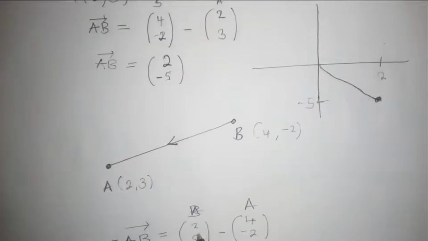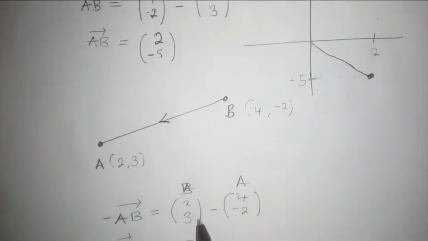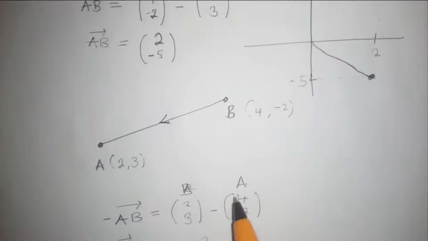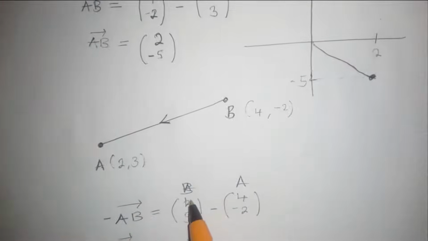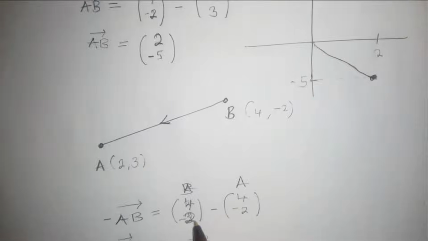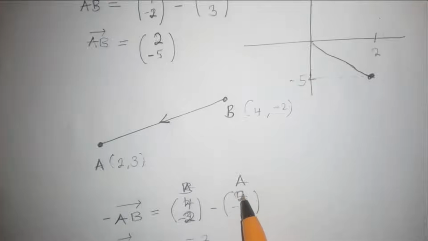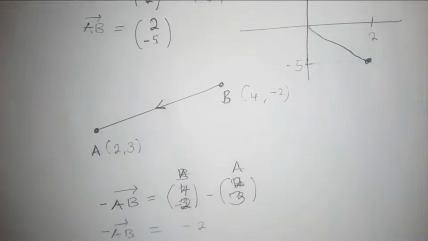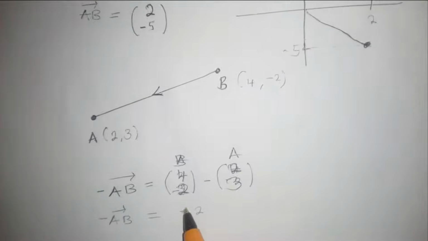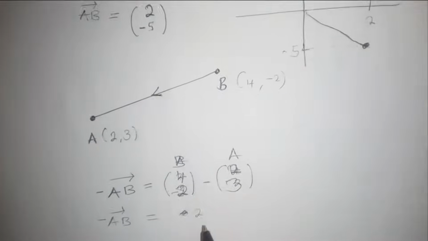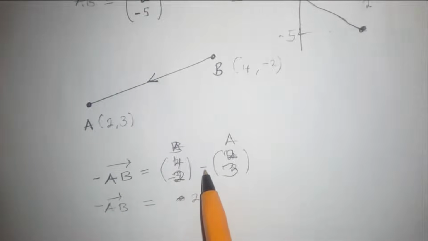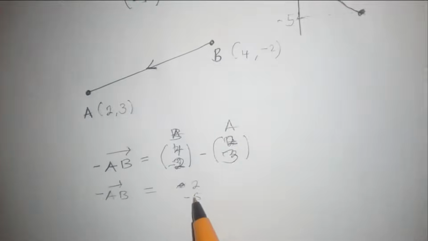Oh, sorry, we made a mistake here. This is supposed to be, remember, B is here, it's 4, negative 2. And A is 2, 3. I made a mistake here. So here it's supposed to be 4 minus 2. It's 2. Negative 2 minus 3 is negative 5.